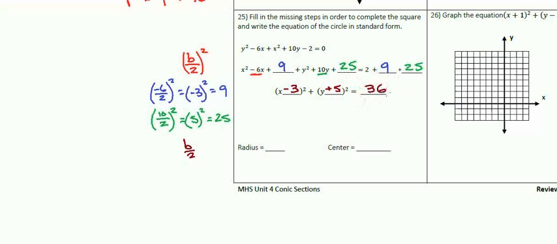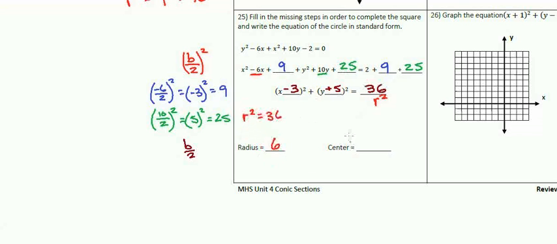Let's do the radius first. 36 is equal to r squared. In our standard form of a circle, we know that r squared is on the right side. So since r squared is equal to 36, we square root both sides and we find out that r equals 6, or the radius is 6.